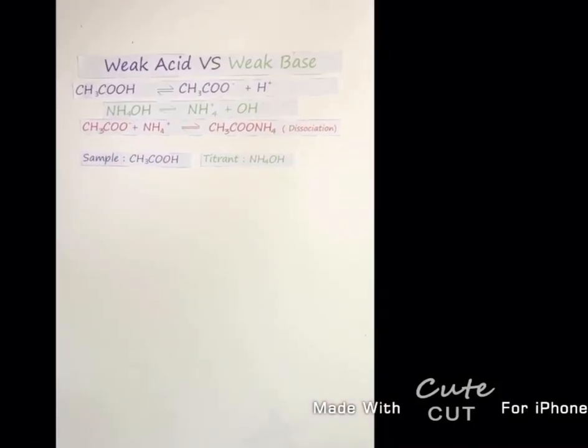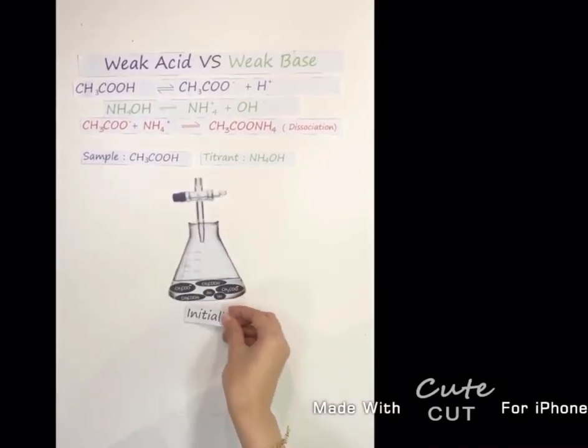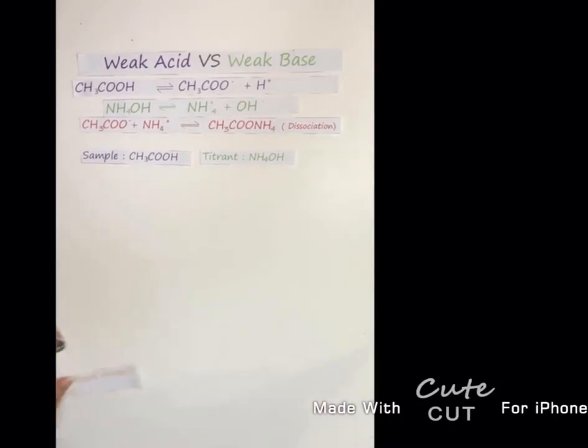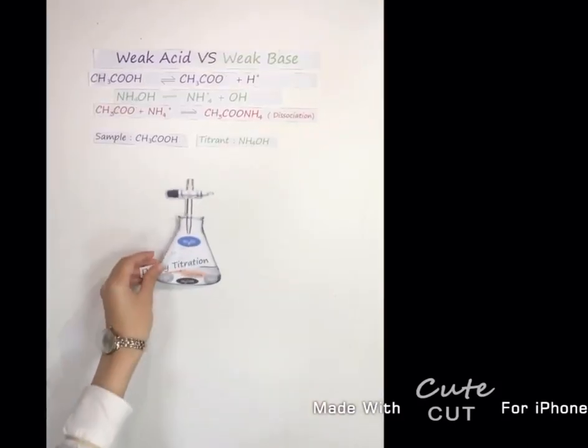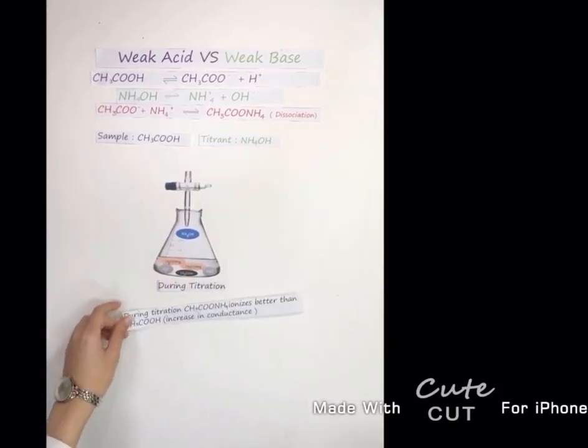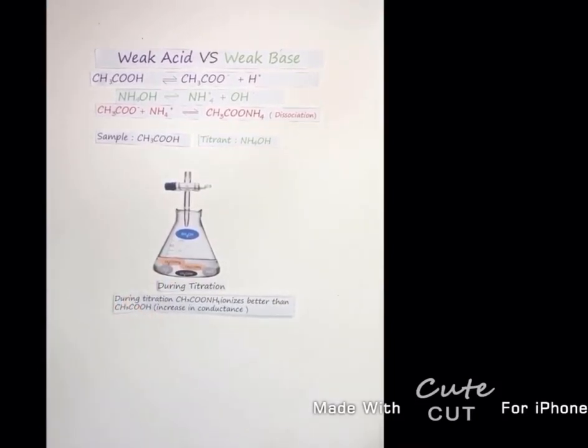Before titration, the dissociation of acetic acid is low, so the conductance is initially small. Acetic acid doesn't dissociate easily. During titration, ammonium acetate ionizes better than acetic acid, so conductance will increase.